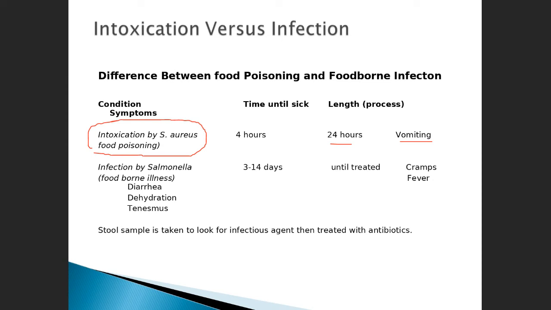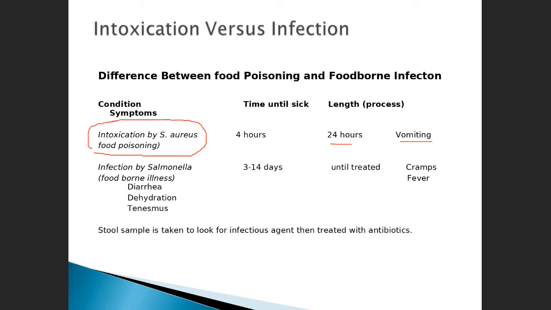Now, guys, write this down. Bacterial infections are usually associated with fever, right? You have fever. Not intoxications, never. You can have diarrhea, Mercy, but you might throw up here, but not usually. It's just diarrhea and fever. You can be dehydrated, and then you can have tenesmus.